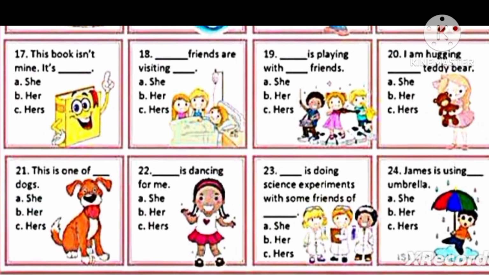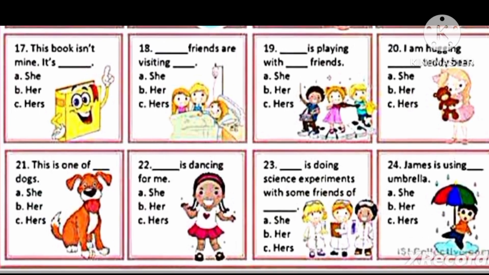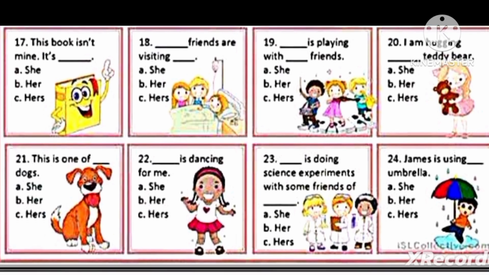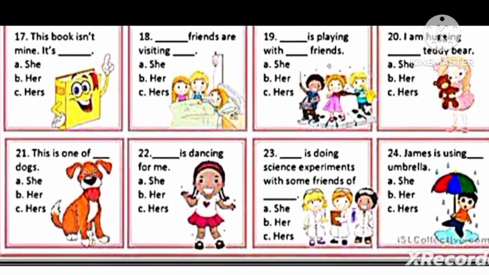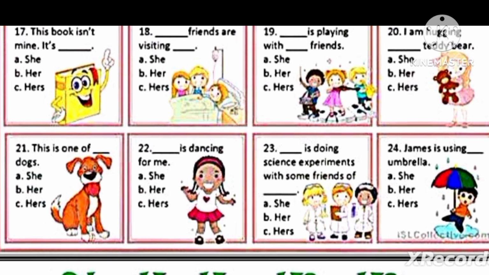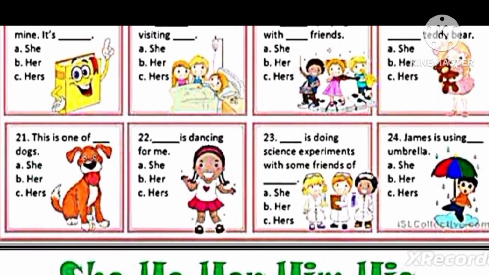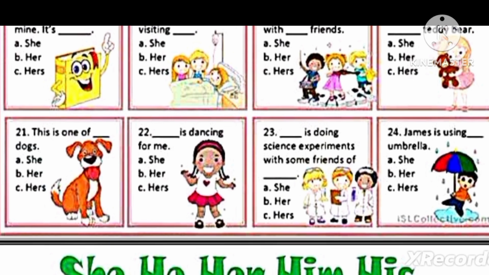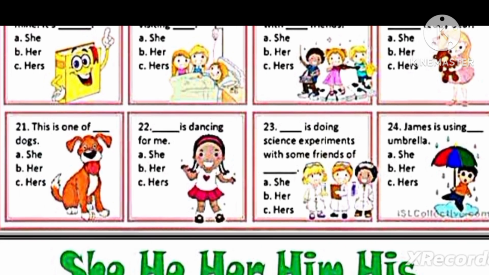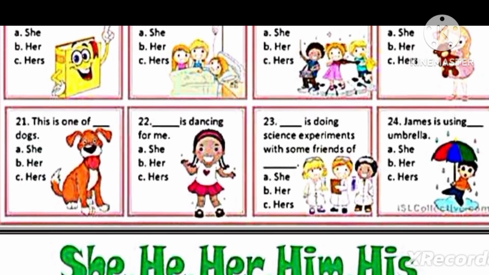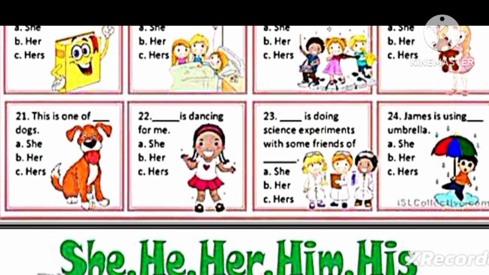She is doing science experiments with some friends of hers. James is using her umbrella.